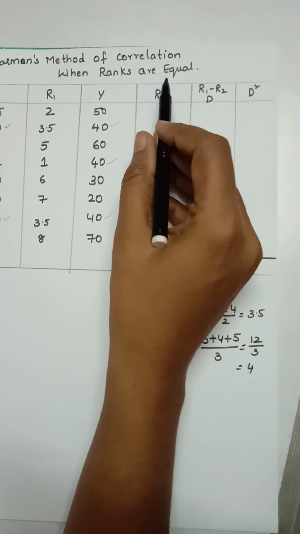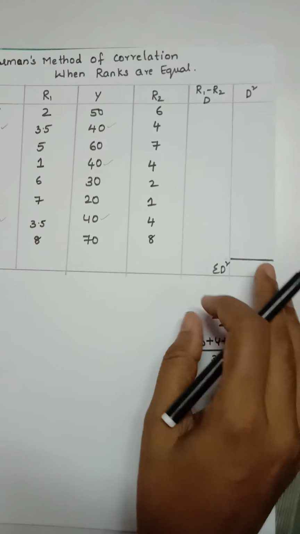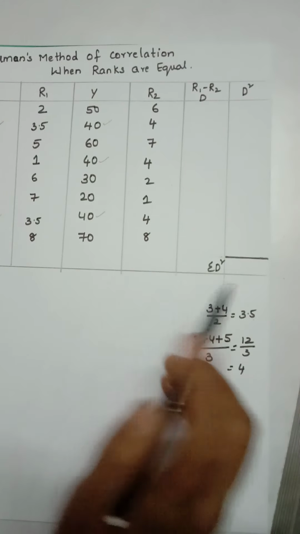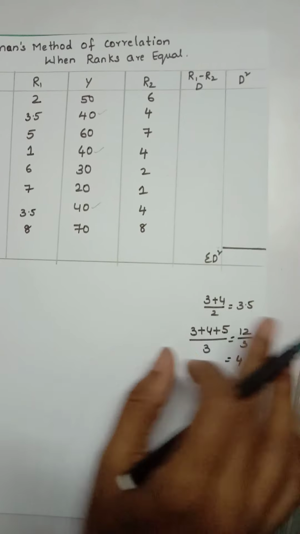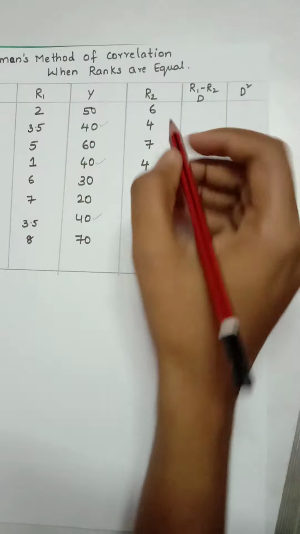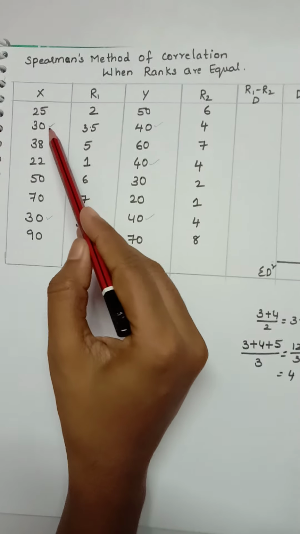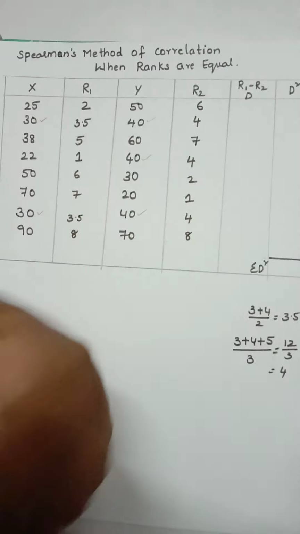When the ranks are equal, how do you balance between the equal values, how are you going to rank it? So nothing more is there, just taking the average of the ranks is very important. Coming to the first series, how many times is 30 repeating? 2 times.